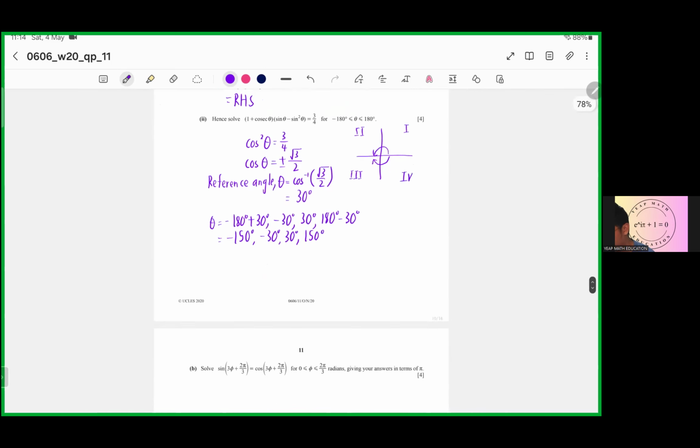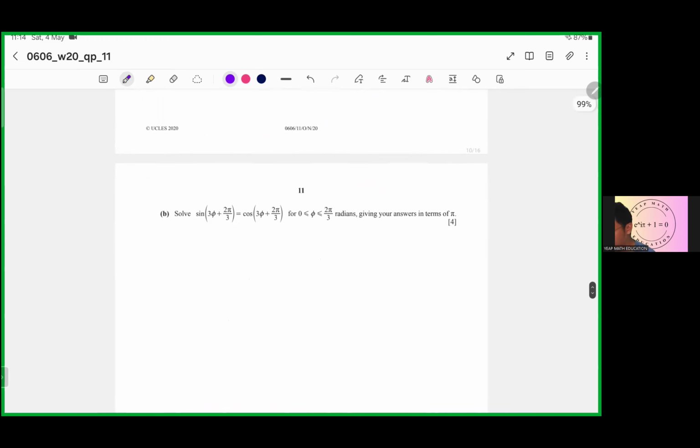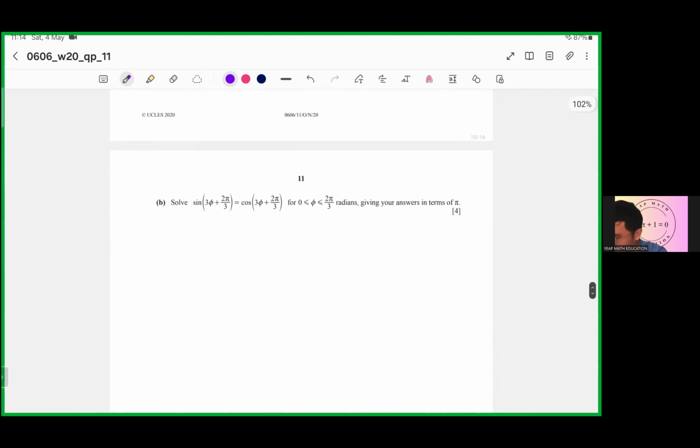Okay, so now we look at the next part. B, solve sin(3θ + 2/3 π) equals cos. For this part, we can just make it tangent.